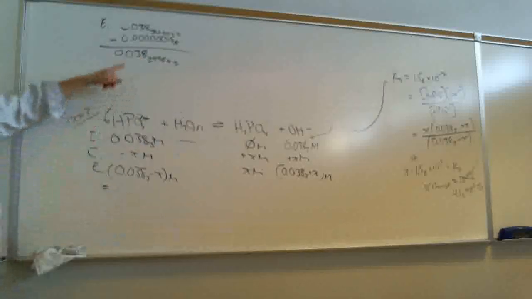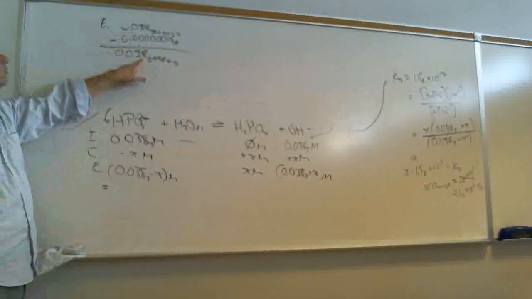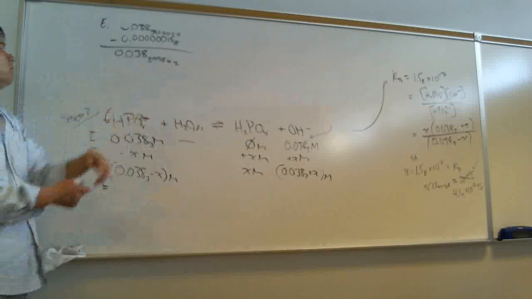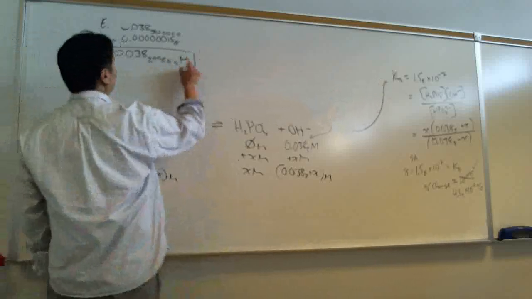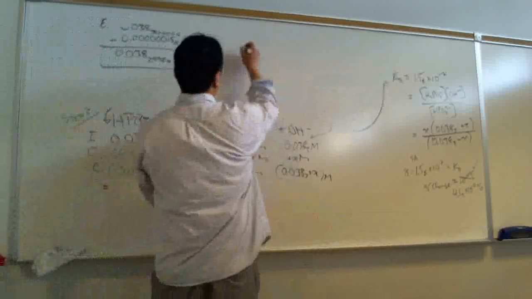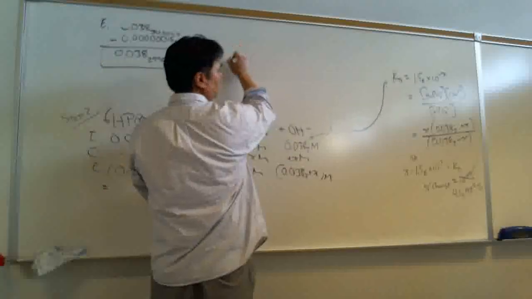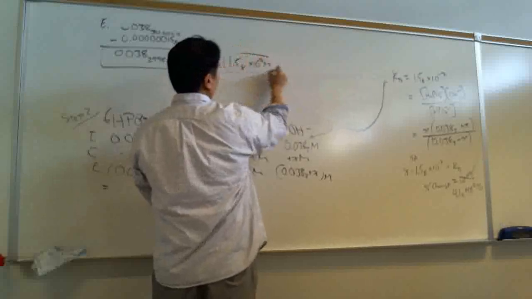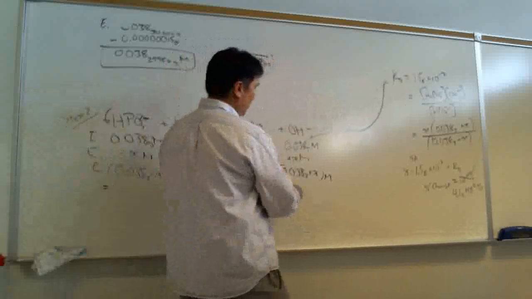And so did I lose much? I went from 383 to 382, 998, 42. Barely lost any. Molar. For the dihydrogen phosphate, I'm going to have 1.58 times 10 to the minus 7 molar. For the hydroxide, I add a little bit.